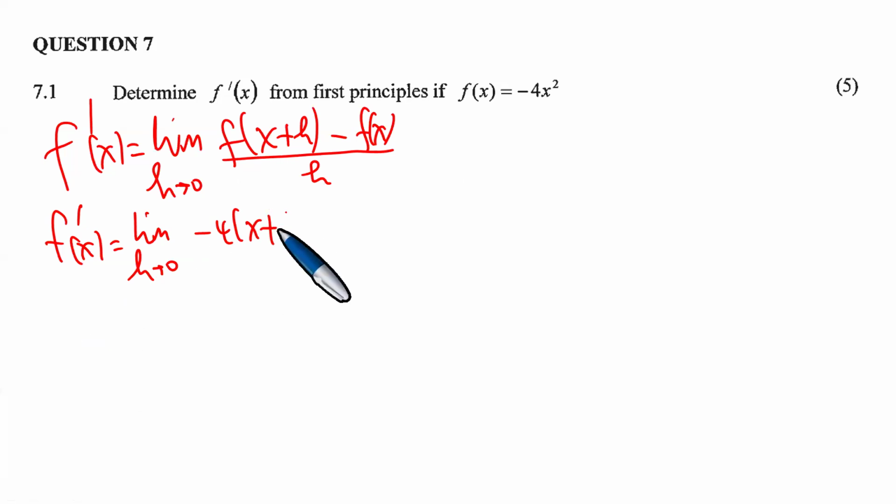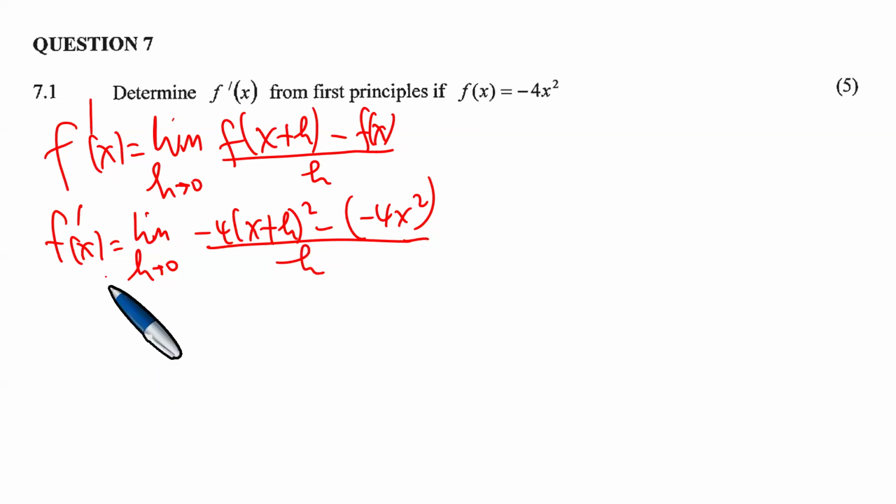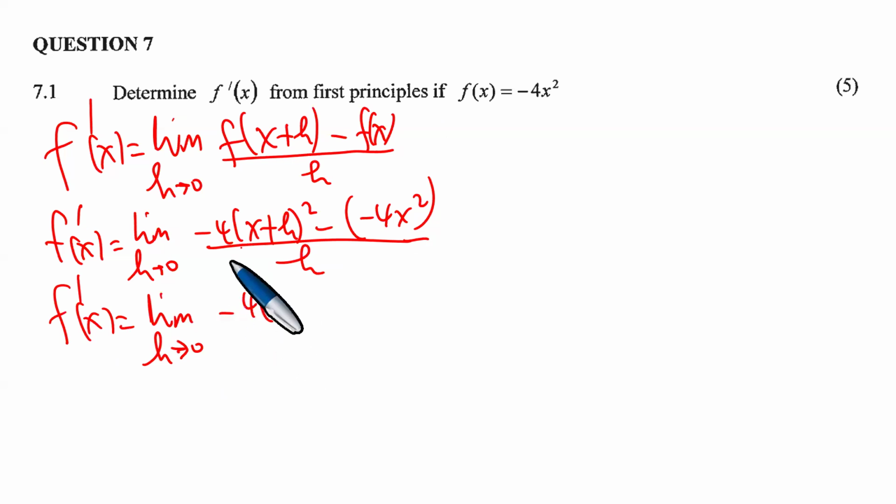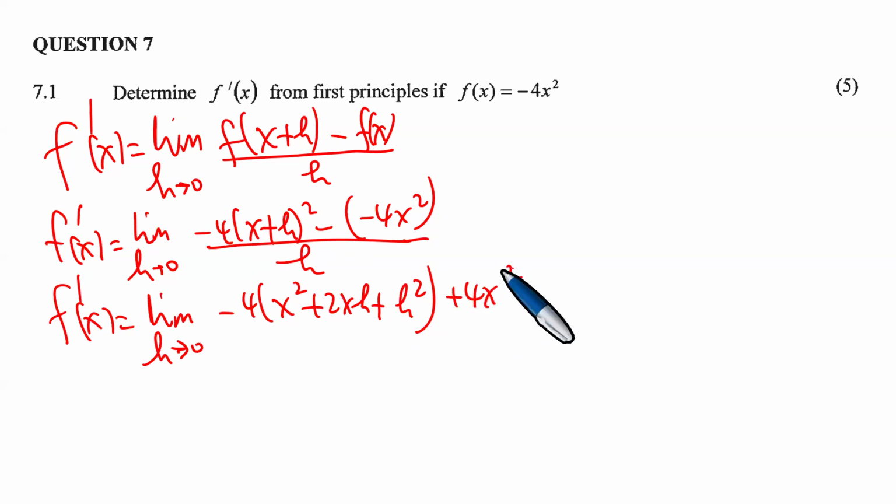So you have here x plus h, and you square this, minus, and you have minus 4x squared, and the result is over h. Okay, I must apologize for losing numbers, I think it's just the network thing, but I'll make every effort to make this recording available, so you can get the most out of this. We square the x plus h, getting x squared plus 2xh plus h squared, and we have negative by negative, which is exactly a plus 4x squared, and we divide everything by h.